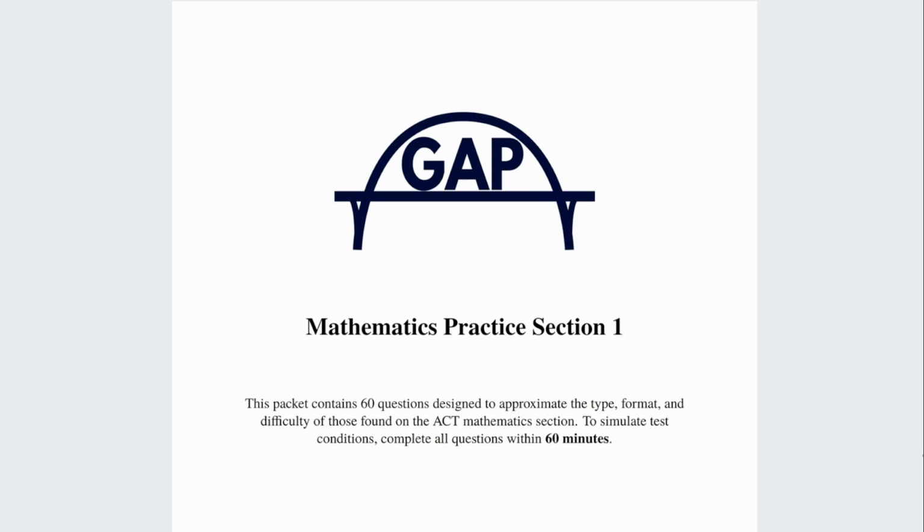What that means is that I'm going to spend a few minutes discussing how I would approach this section if I were actually going to take it as a part of a test, and that I'm going to take these questions in the order that I would take them, not necessarily in the order that they're presented in the packet. So without further ado, let's get into the strategy of this packet.